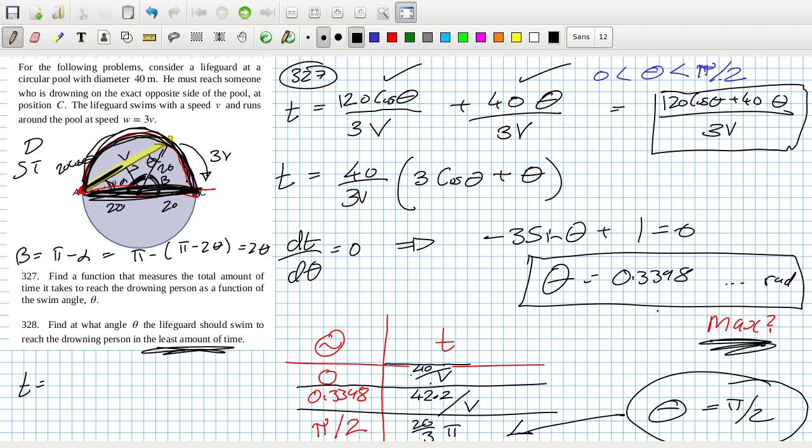So although it's 1.5 times longer, the speed is 3 times greater, so the time is roughly halved. Yeah, no, I get it now. I'm satisfied with my answer, and that's just another great question. So the answer is pi over 2.